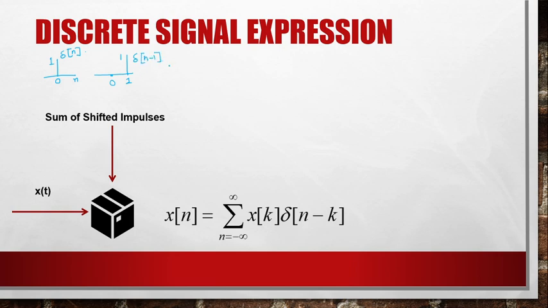Now another signal is shifted by 2 units from the original signal: if this is 0, this is 1, this is 2. So I am getting another delta which is shifted by 2 units. In this way, I am taking so many deltas and adding all of them up.